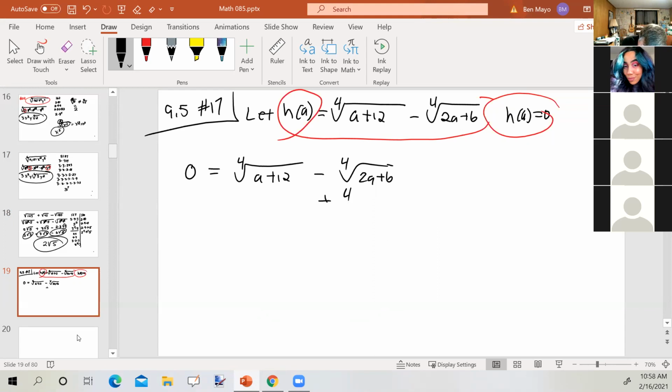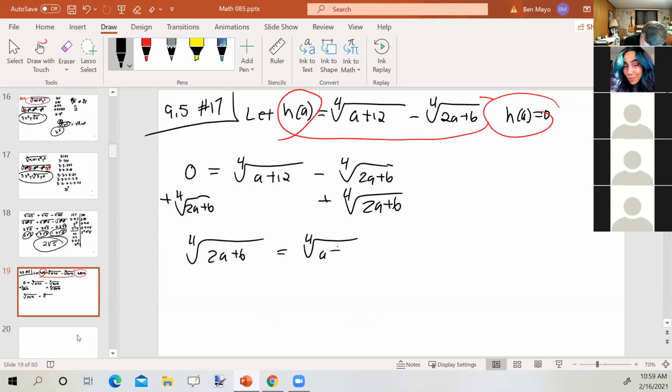So I'm going to add the 4th root of 2a plus 6 to both sides. Now I've got the 4th root of 2a plus 6 equals the 4th root of a plus 12. To get rid of the radicals, I'm going to raise each side to the 4th power, which gives me 2a plus 6 equals a plus 12.